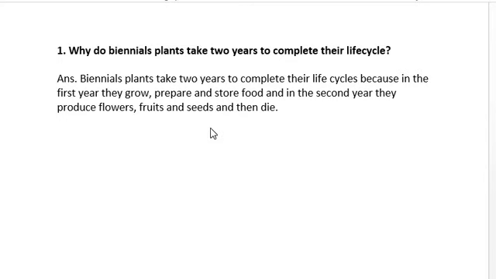So in the first year they prepare and store food, then in the second year they produce the flowers, fruits and seeds. That's why it takes them 2 years or 2 seasons.